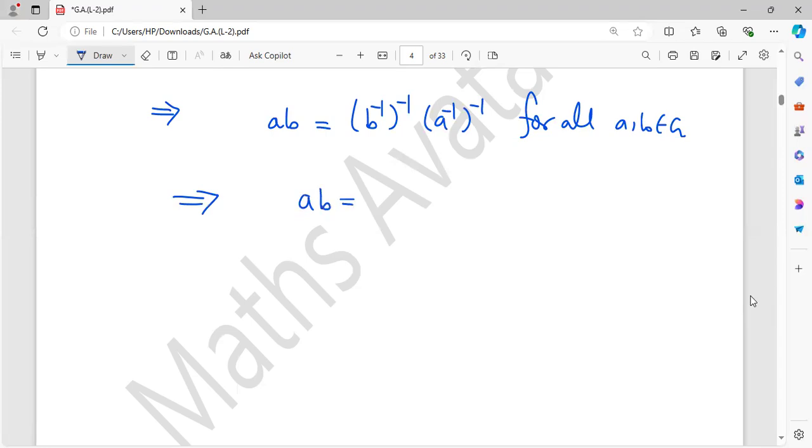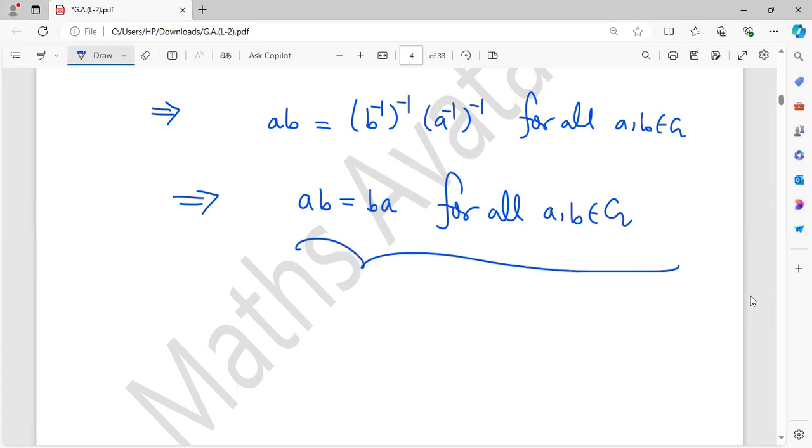What will be B inverse inverse? The inverse of B two times is B. The inverse of A two times is A. For all A, B belongs to G. Okay. Now what is the meaning of this? The meaning of this is that G is abelian. So we have shown both the directions.